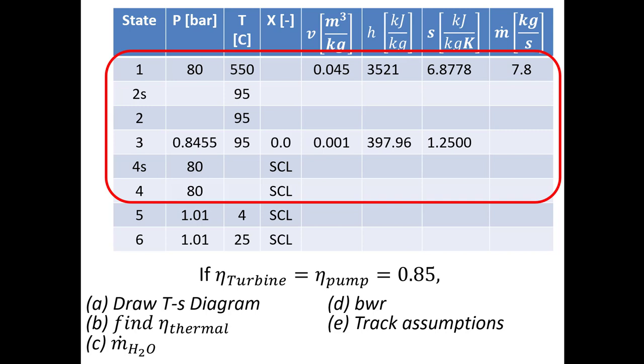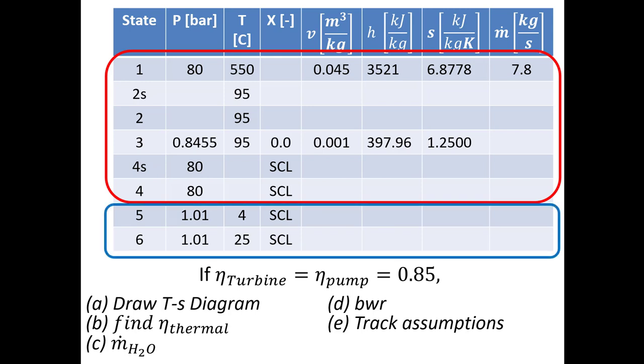I'll start by looking at the Rankine cycle, which happens in states 1 to 4. This is with our hot fluid. And then we'll talk about the cold fluid, which is states 5 and 6. For state 2s, this is as I go through my ideal turbine, and my ideal turbine has the same specific entropy at the outlet that it did at the inlet.